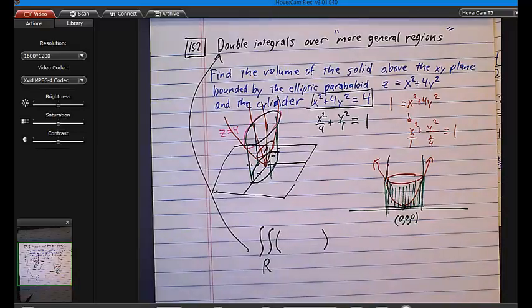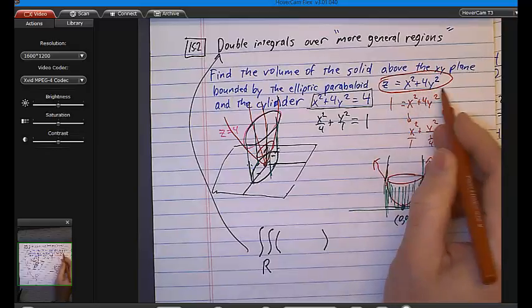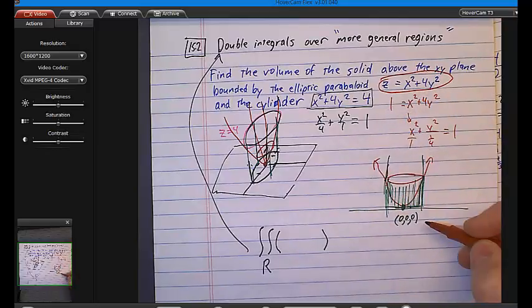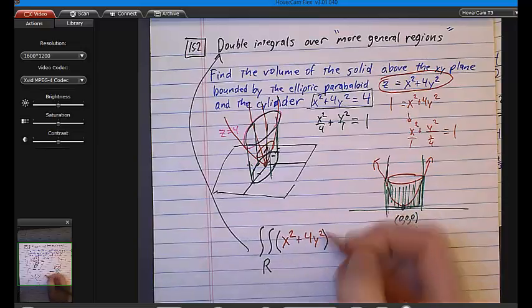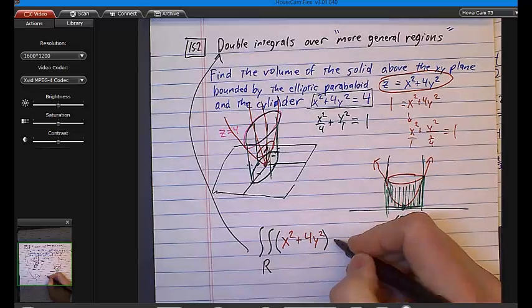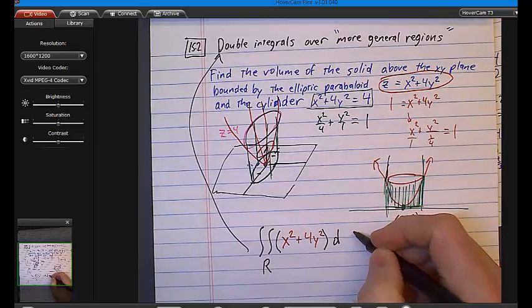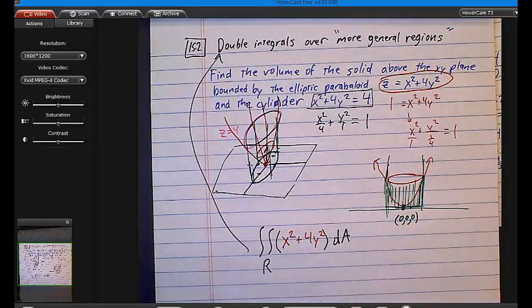Well, we're underneath what surface? This one, z equals x squared plus 4y squared. So that's what goes here, x squared plus 4y squared. And do you remember what I put for my differential? I write d what? dA, and A, again, is the area of these tiny little rectangles.